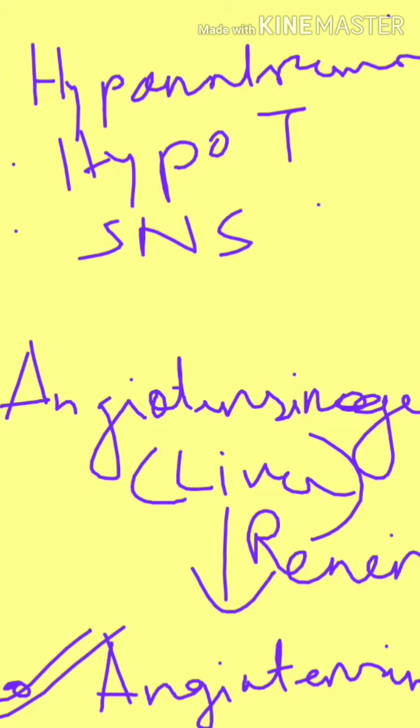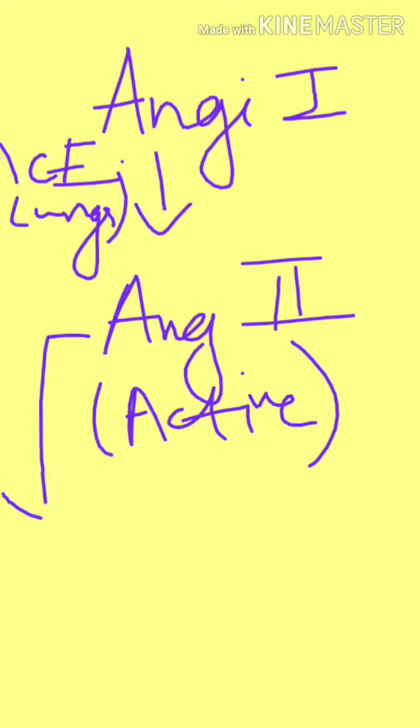So after angiotensin 1 is formed, angiotensin converting enzyme from the lungs acts on it and converts it into angiotensin 2, which is an active form. And angiotensin 2 is a vasoconstrictor.